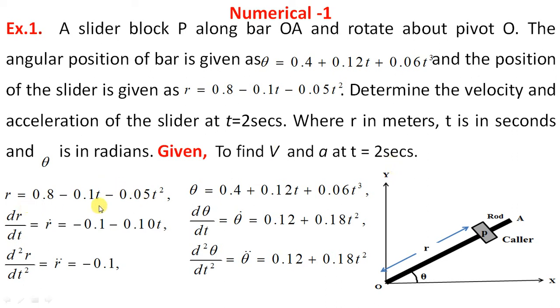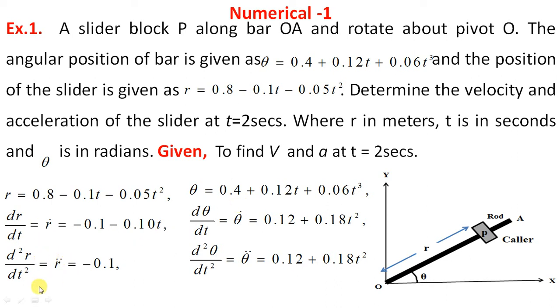Now r is given, theta is given. Our aim is to find the total v. So first we have to find r dot, the derivative of r with respect to time t. The derivative of 0.8 is 0, minus 0.1 t gives minus 0.1, and minus 0.05 t square gives minus 0.05 into 2 into t, that is 0.1 t.